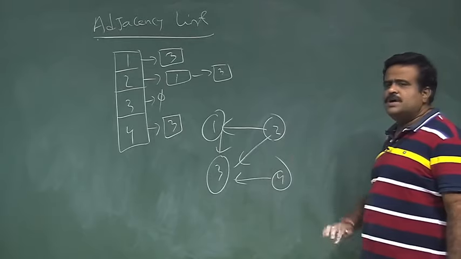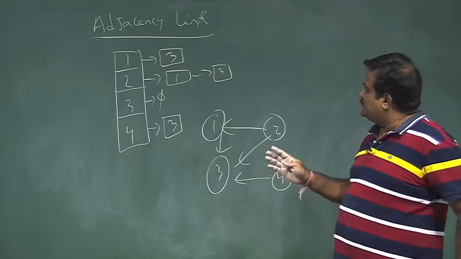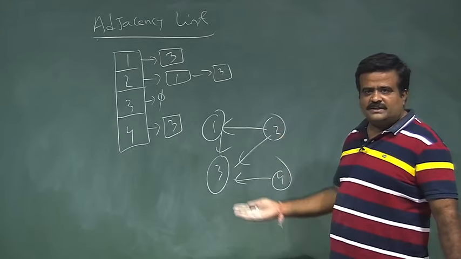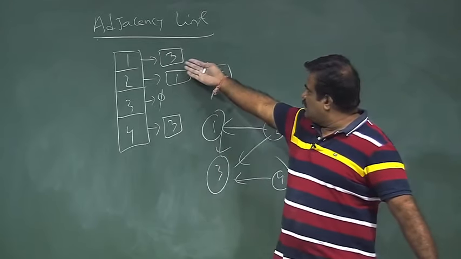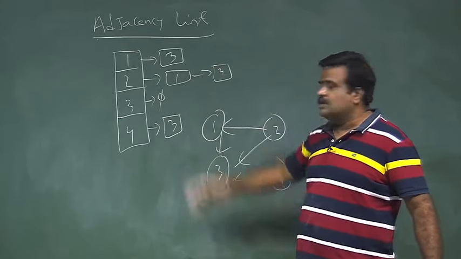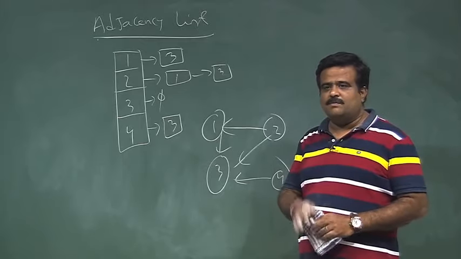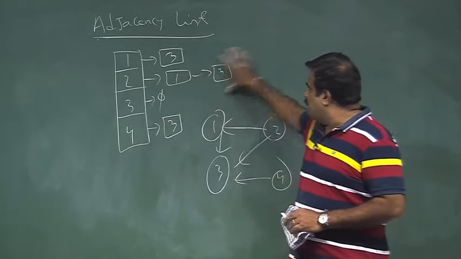This is good if our graph is a sparse graph, because in that case the list contains only a few nodes. But if the graph is a dense graph, if there are more edges, then this will be a huge list.